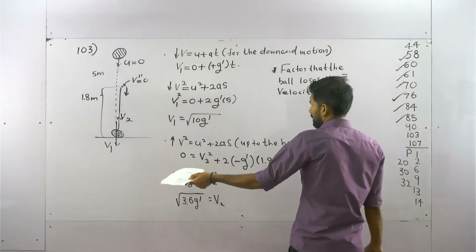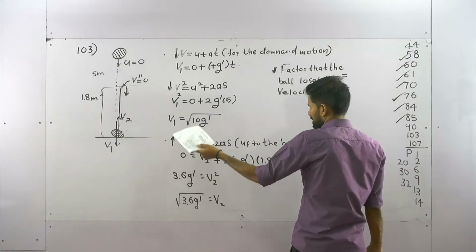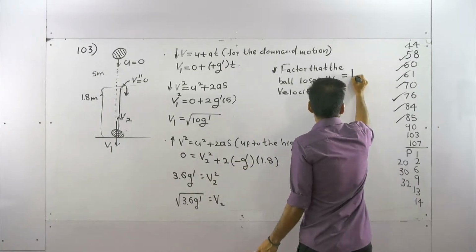After it's being bounced, its velocity is v2.